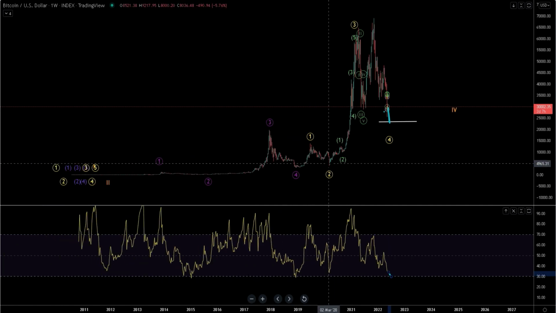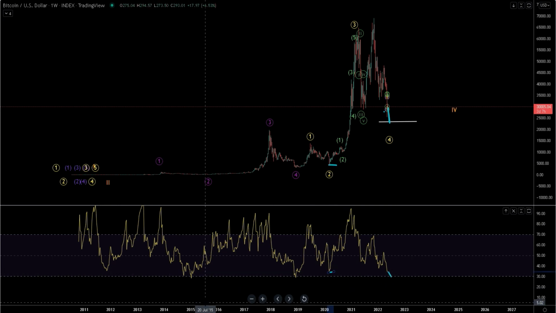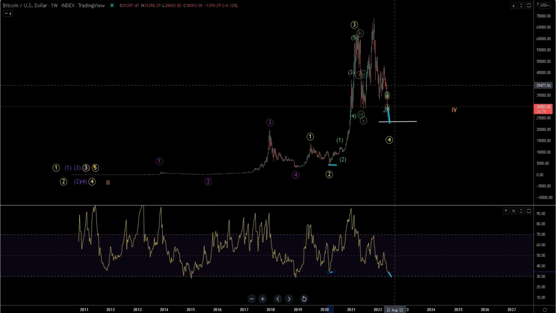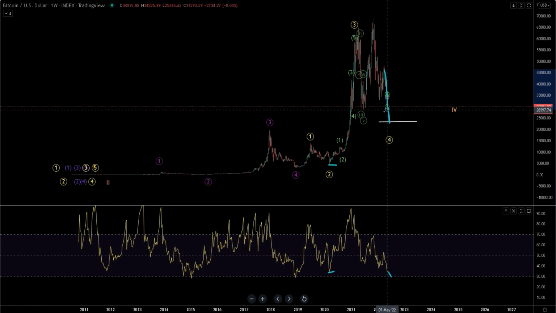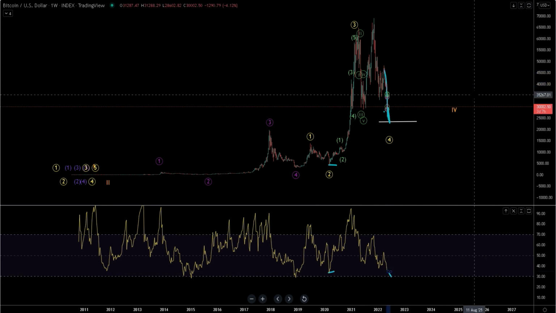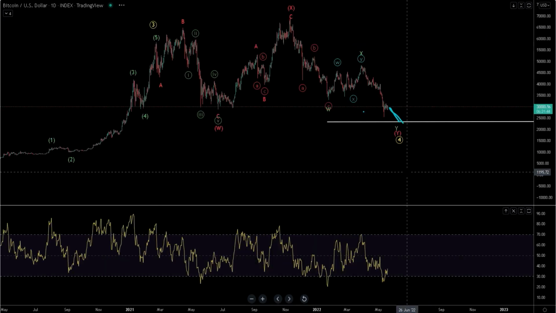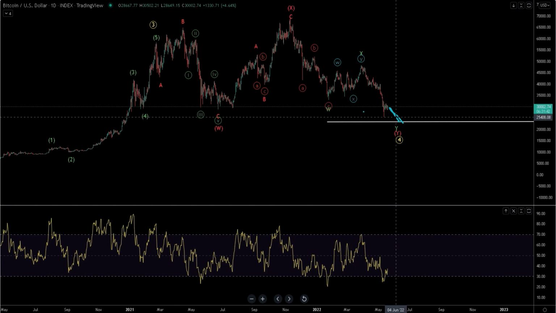Like you go back and look at all these horrible things in history. This is the COVID crash right here. Look at the weekly RSI. Never went oversold. All this hate that people are spewing right now for crypto, we're not even oversold. This is so bullish. Okay, it is extremely bullish.